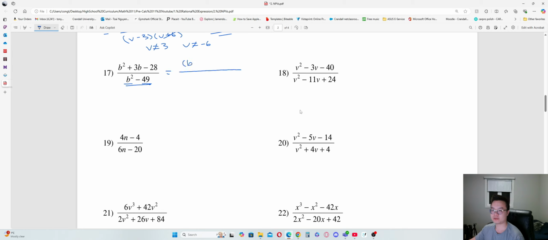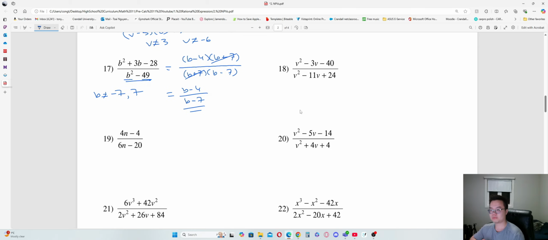So we'll have b minus 4 and then b plus 7, over b plus 7, then b minus 7. The b plus 7 cancel out. Then we'll have b minus 4 over b minus 7 as my answer. My NPV is going to be b cannot be equal to negative 7 and 7.